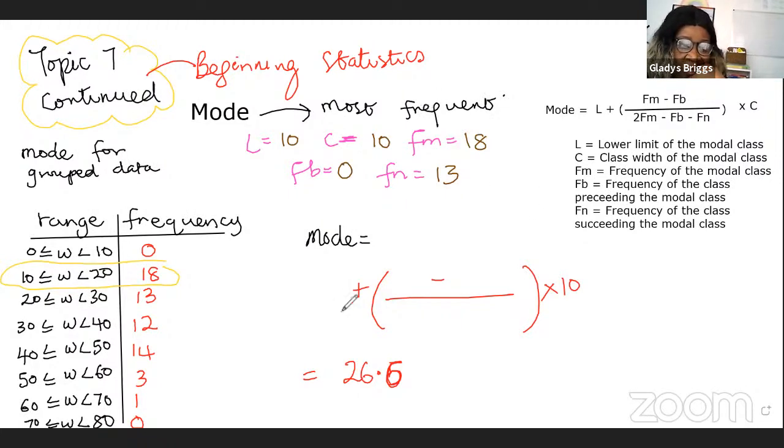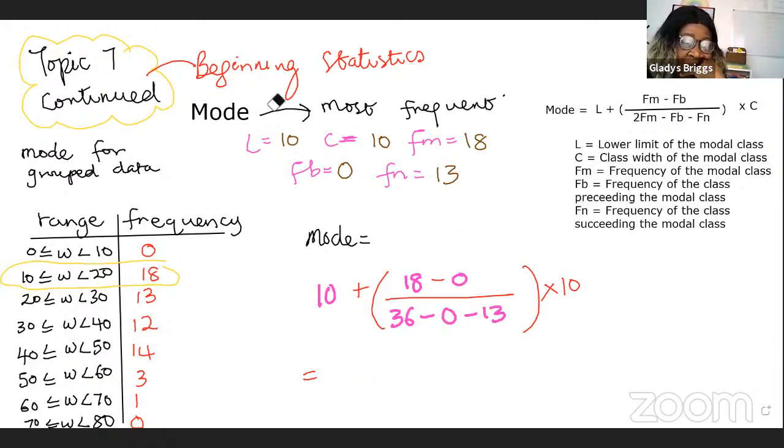Okay, so L is 10 plus FM 18 minus FB 0 over 2 times FM is 36 minus FB is 0 minus FA is 13 times 10.